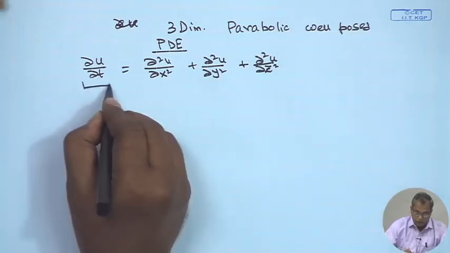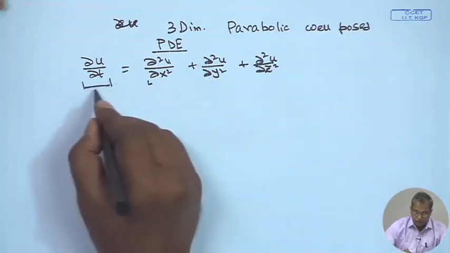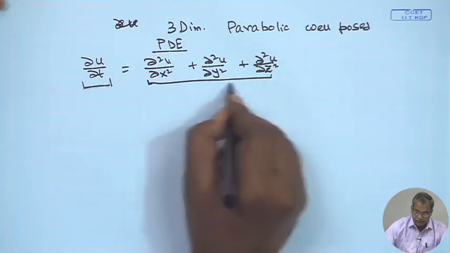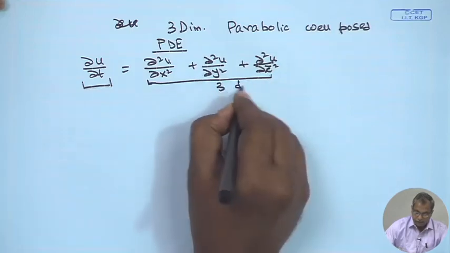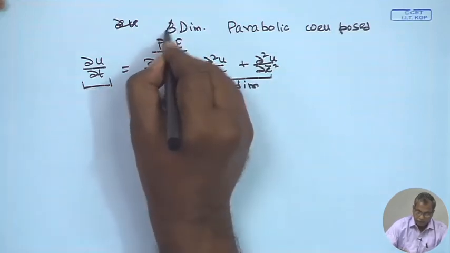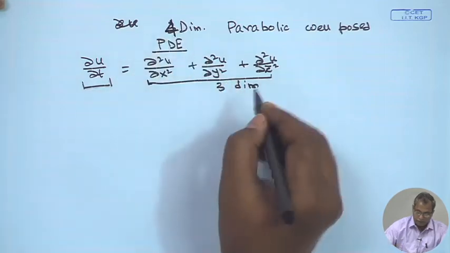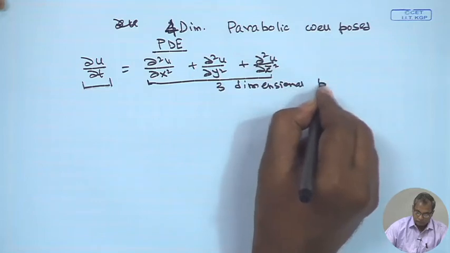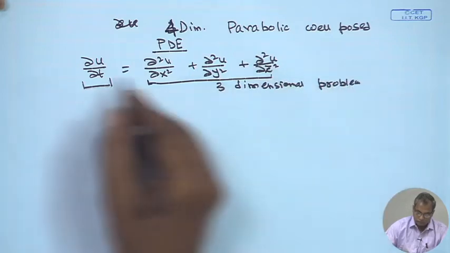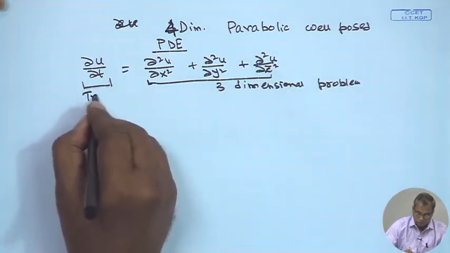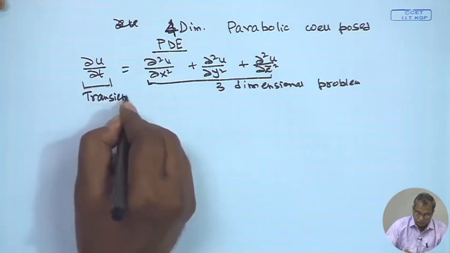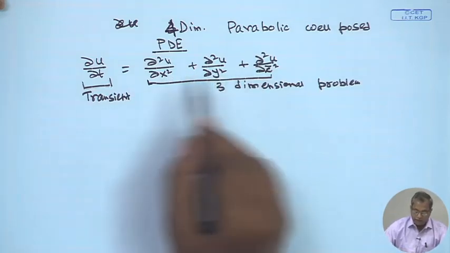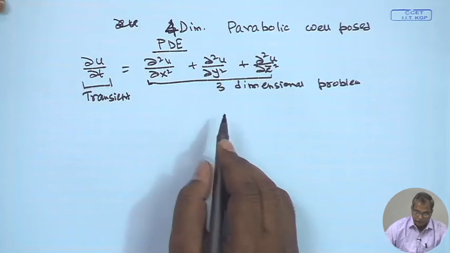So, we have 3 dimensions in space and 1 dimension in time. Basically it is a 4-dimensional transient problem. So, x, y, z and t, these are the 4 independent variables.